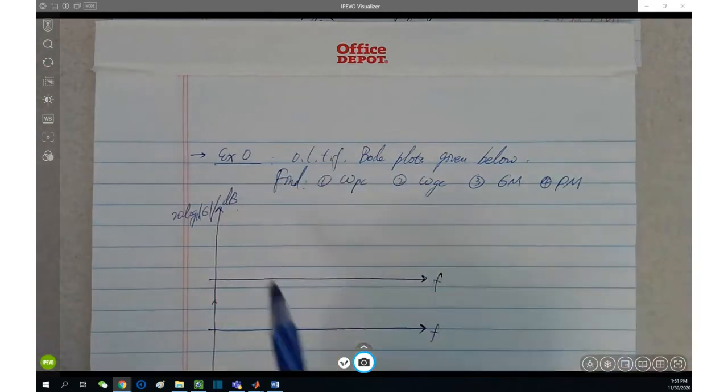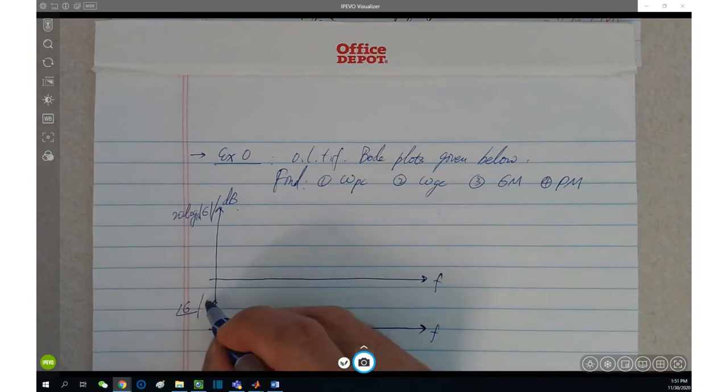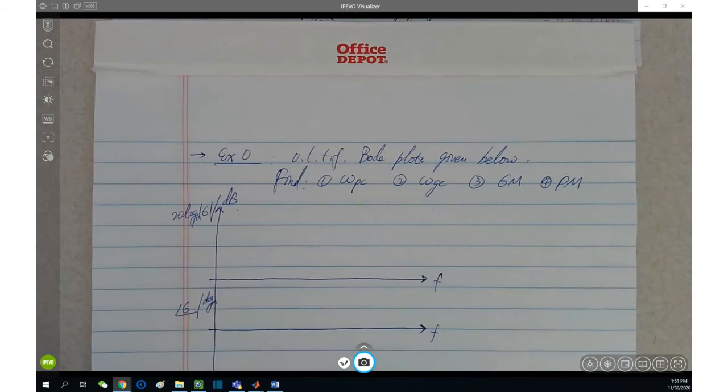The top one is the magnitude Bode plot. The bottom one is the phase, in degree.